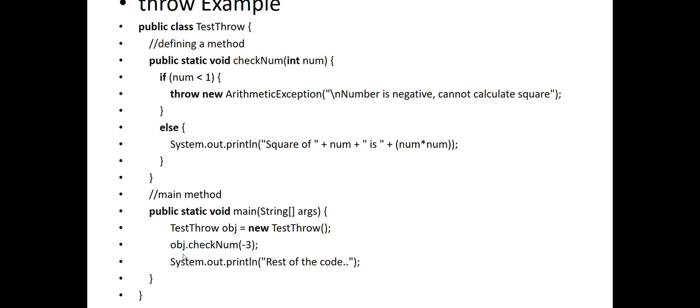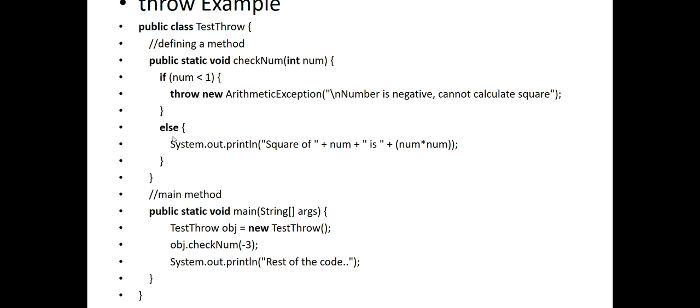When we call the method checkNum inside main, the control jumps to the method where I defined public static void checkNum, so that the num parameter gets the value -3, whatever I provided here. Then inside the if statement it checks whether num is less than 1. Since num is -3, the condition is true, so it will not calculate the square of num.